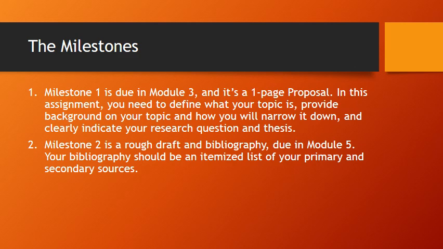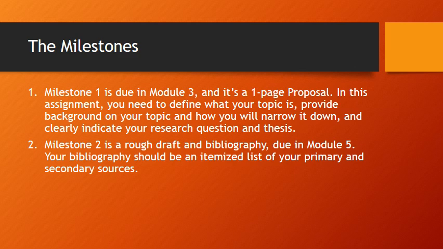Again, you aren't locked into the bibliography that you provide here. If you find additional sources after that, or decide you're not going to use some of the sources you listed, that's okay. It's just to give a sense of how you're doing on this project and that you're making progress on it.